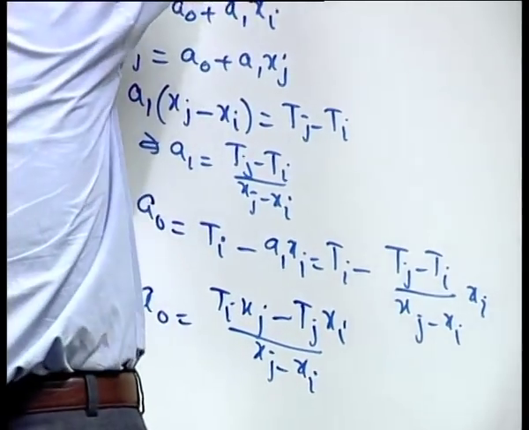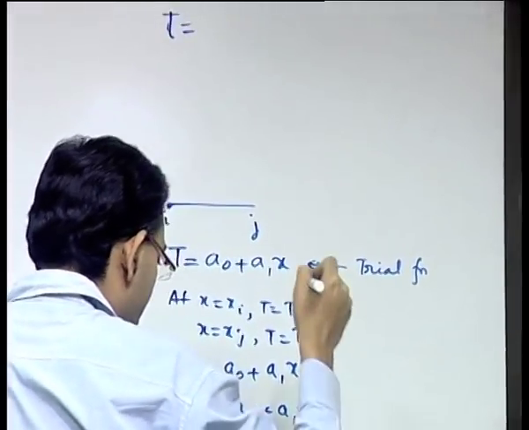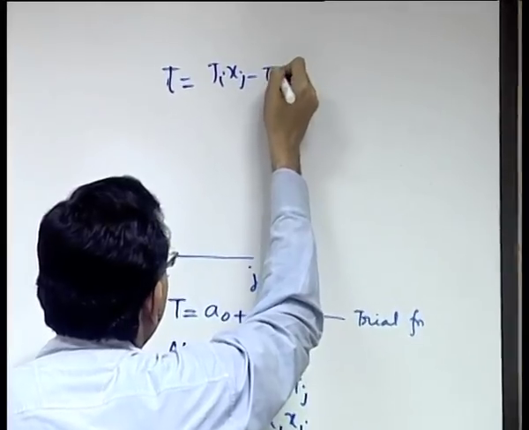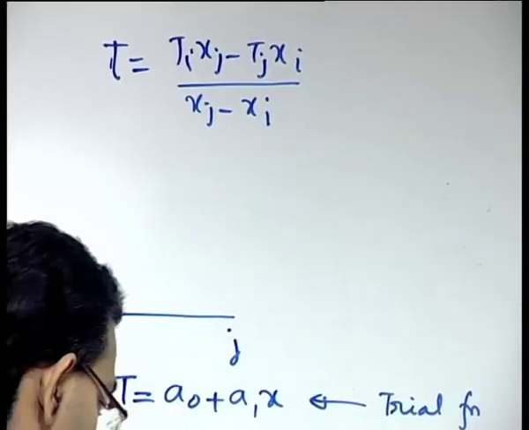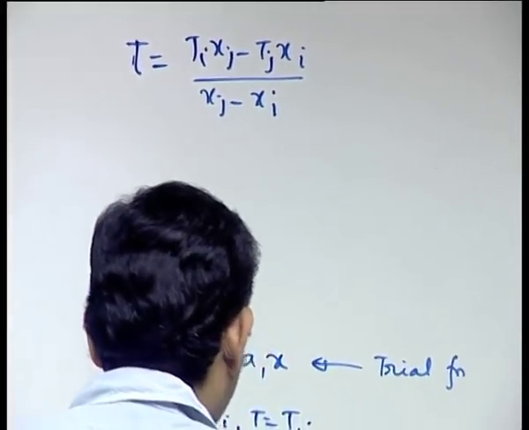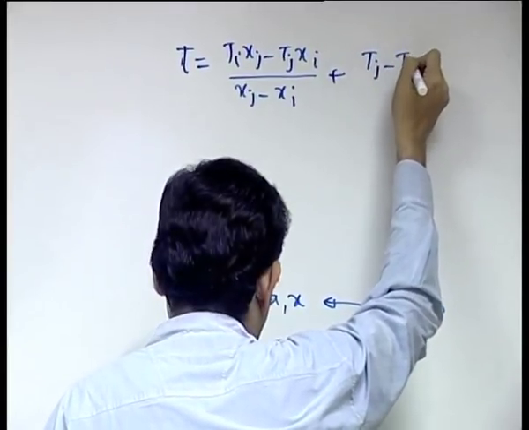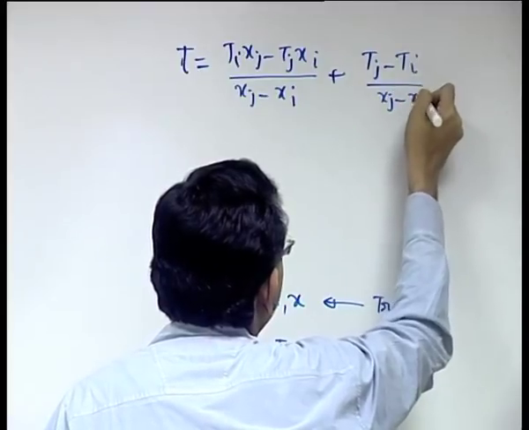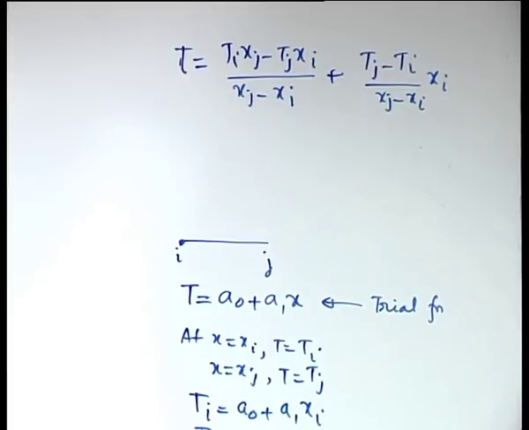So, T will be equal to a0, in place of a0 let us write (Ti xj minus Tj xi) by (xj minus xi), plus a1 x, that is (Tj minus Ti) by (xj minus xi) into x, right, not xi.